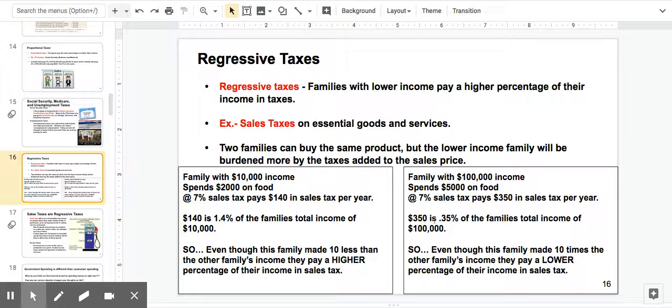So $350 is 0.35% of this family's income. So even though this family made 10 times more than the family on the left, they pay a lower percentage of their income. They're paying 0.35% of their income in taxes, while this family over here is paying 1.4% of their income in taxes just on food.